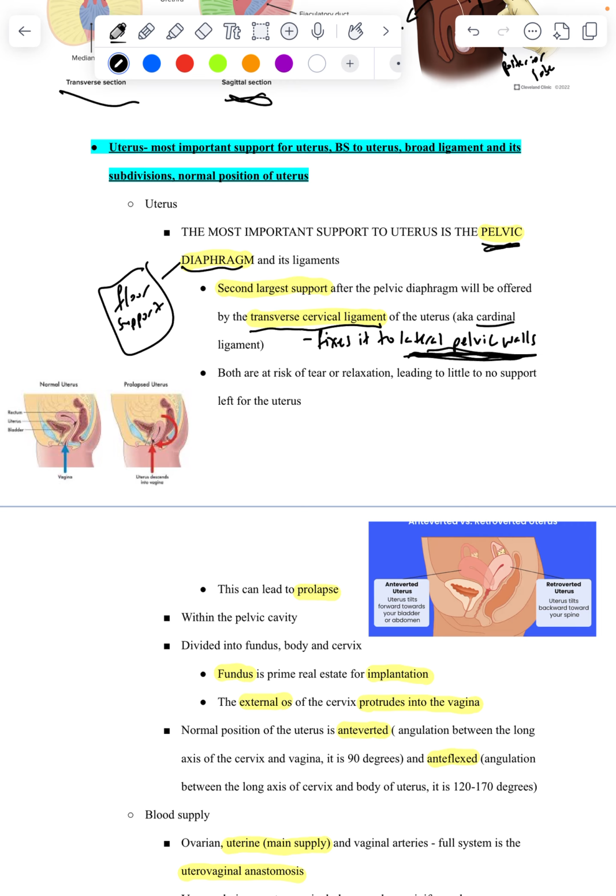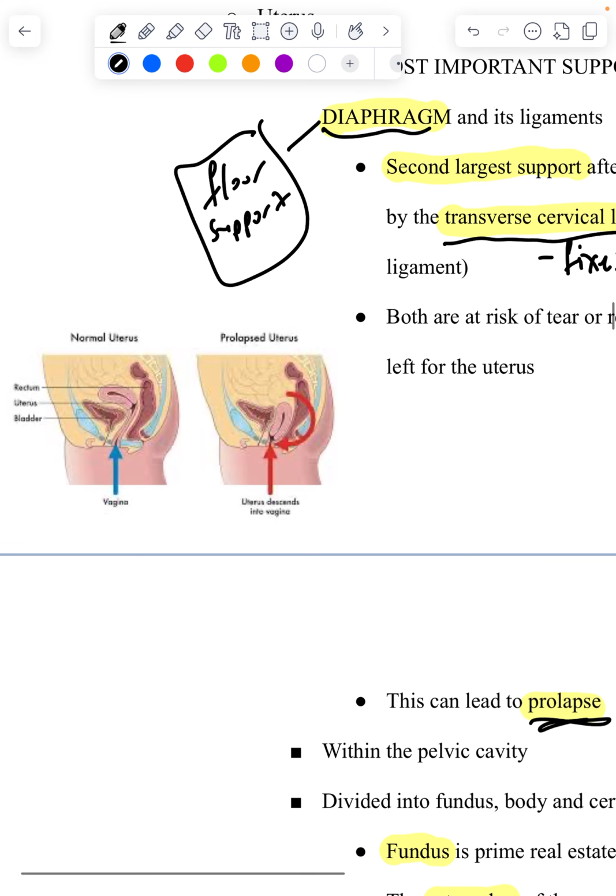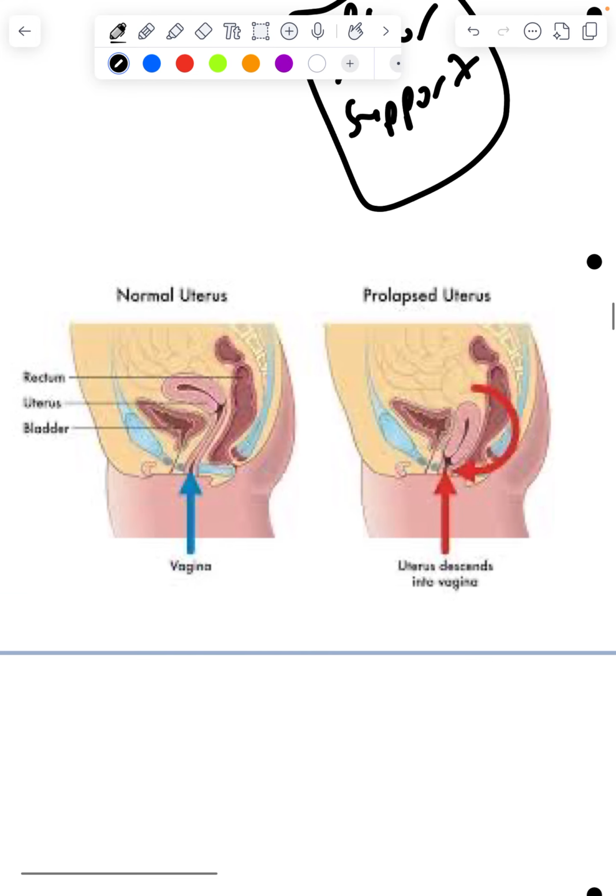Obviously, the one holding it down is more important, because if you don't hold it properly, it can lead to prolapse. So usually a uterus is, I don't know why this is such a blurry picture, but this is bladder, uterus, rectum.